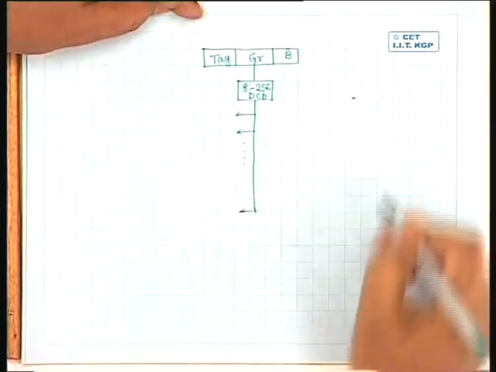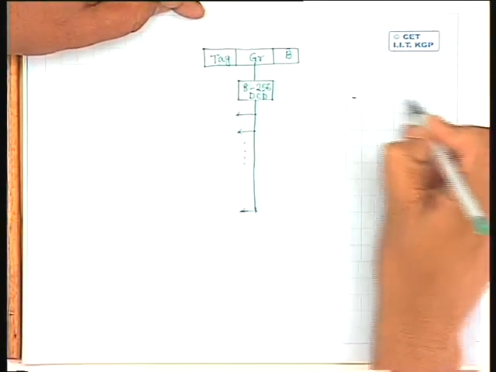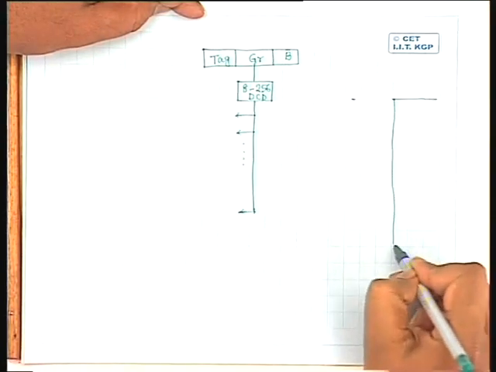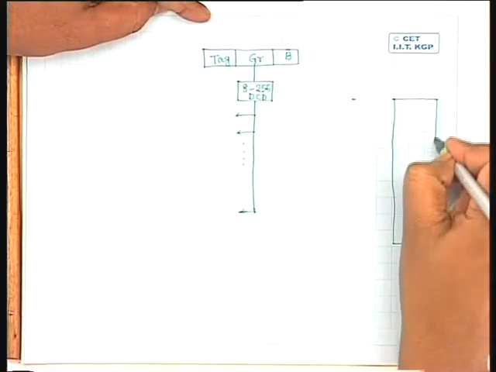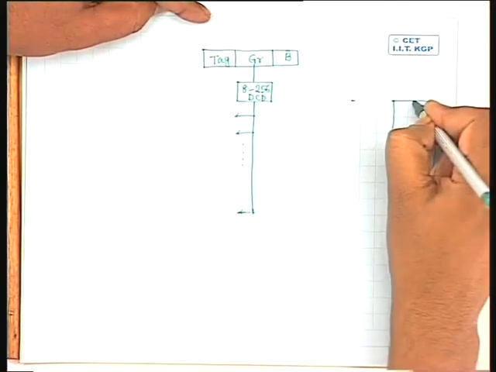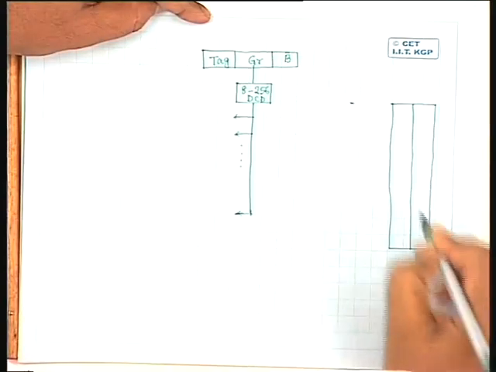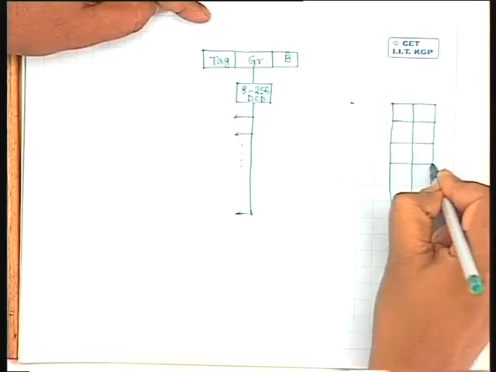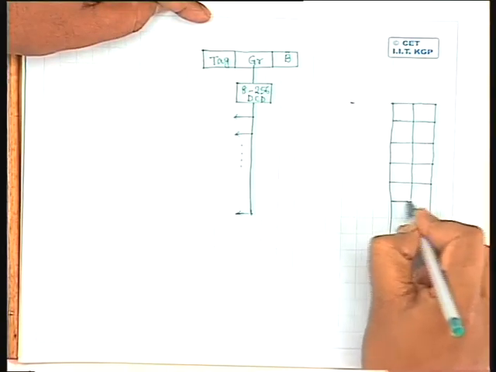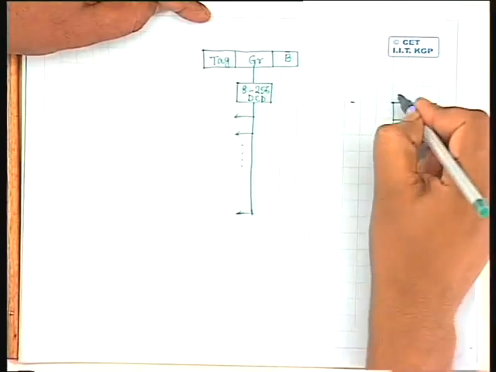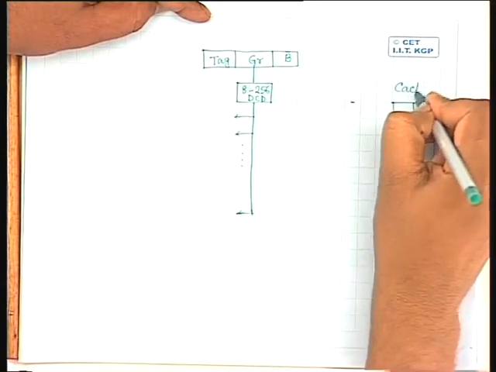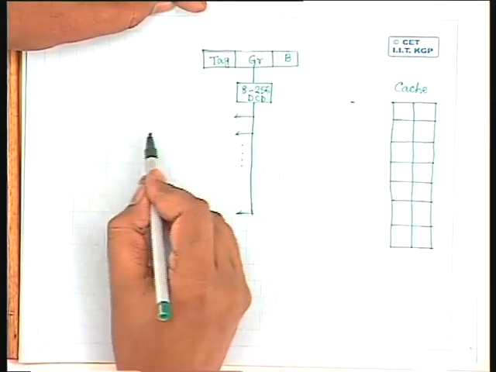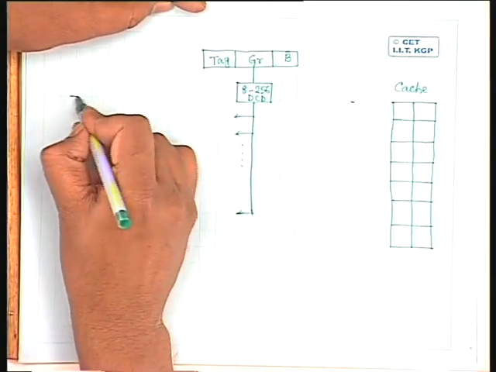On this side, let me put the cache memories. The cache memory will be organized in the form of sets, where every set will consist of 2 cache lines. Here, let me put the valid invalid bits and the tag fields.